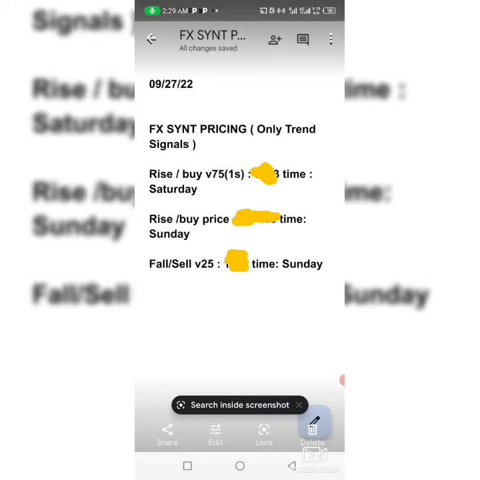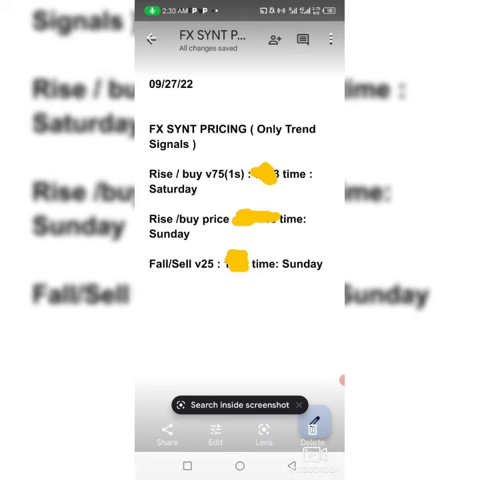Look at what I have just done. Price to buy V75 at a set price and time, Saturday, meaning that latest before Saturday ends, this signal will be activated. Rise or buy, and that asset should be Volatility 10 index, which I have not put. Rise or buy Volatility 10 index, time Sunday, that is somewhere today it will buy.